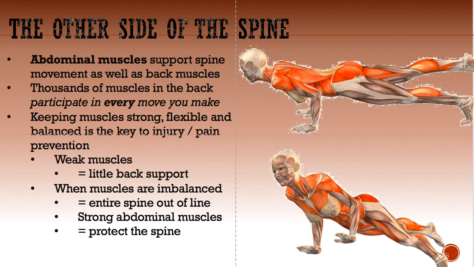The short story to the long story is that if you can do an abdomen contraction, not to suck it in and look thin, but to make them hard and prepare them for the movement before you do a very strong movement like a heavy lifting task, you're increasing your intra-abdominal pressure and creating more core stability. So you're less likely to injure your spine. That is how all the muscles work together to cause complete stability within the spine.